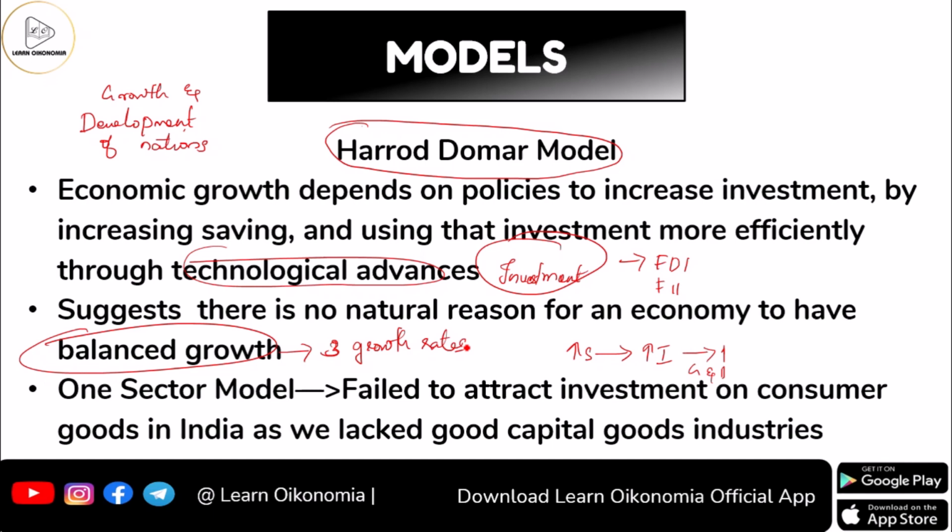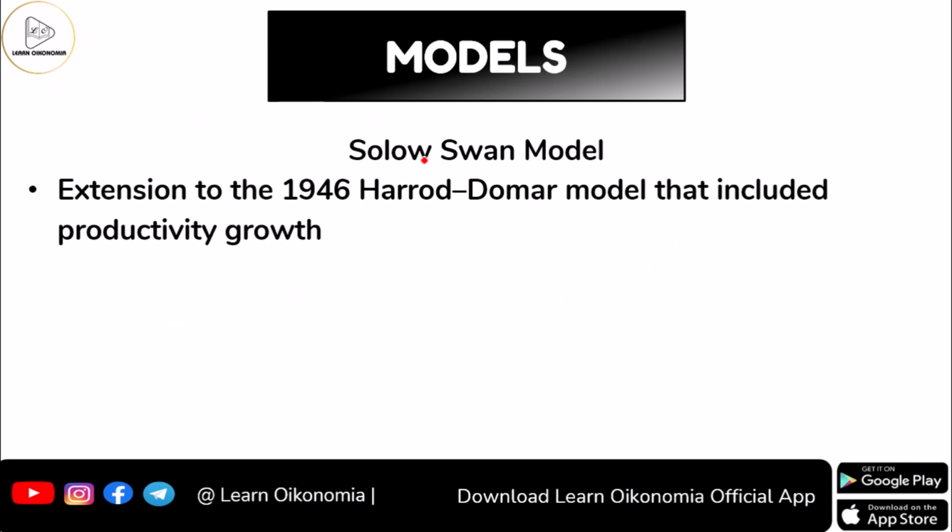For the very same reason, there is a failure to attract investment in consumer goods in India, as we lack a good amount of capital goods industries. So to an extent, we cannot implement Harrod-Domar growth in our country that successfully. Moving to the next model, which is the Solow-Swan model.